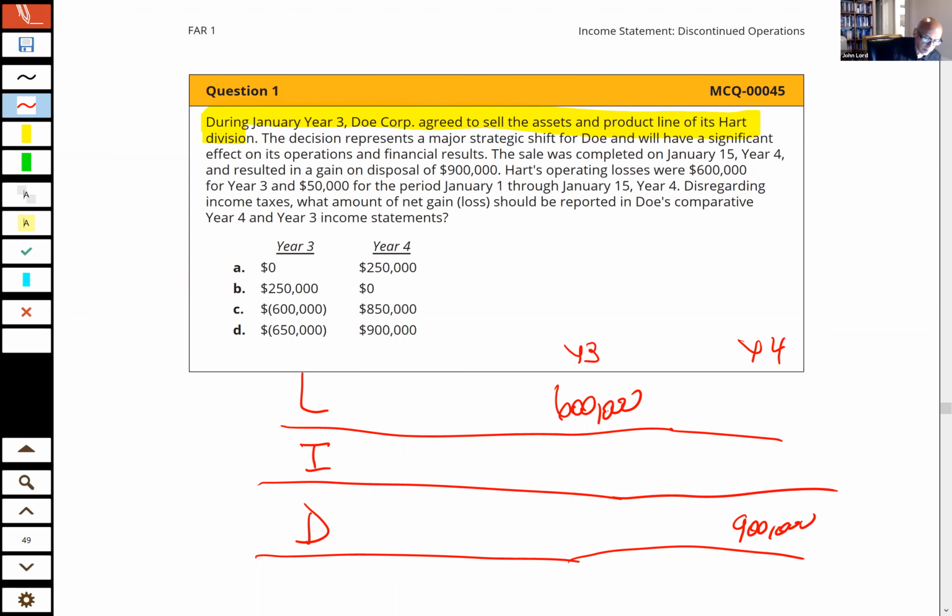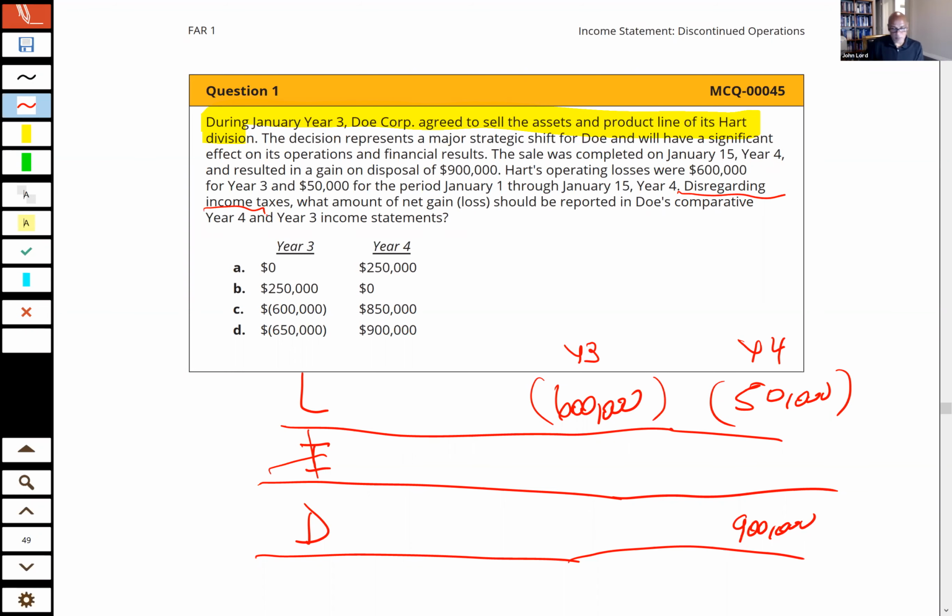And they lost $50,000 in year 4, because you take the amounts in the period in which they occur. They don't talk about any impairment here, so I'm not going to have to worry about the I in LID.